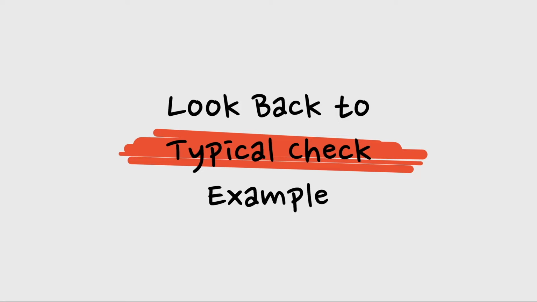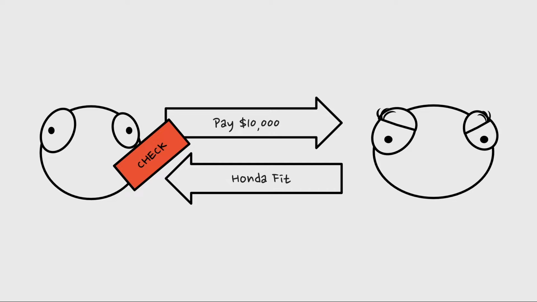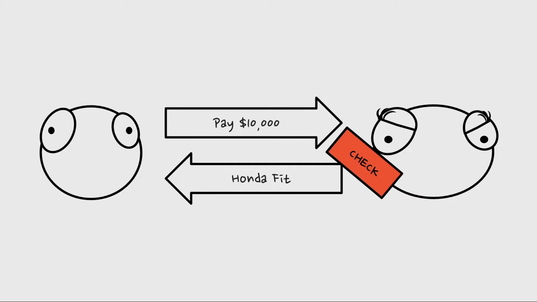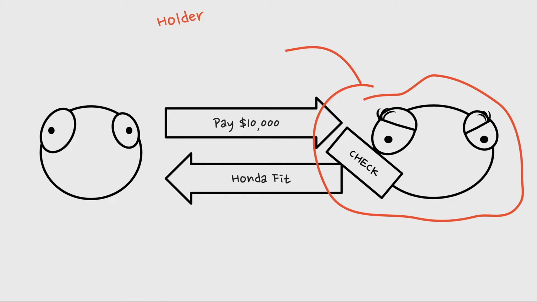So if we look back at our typical check example, and we again remember that Bob's giving this check is in fulfillment of his promise to pay Barb $10,000, then initially we want to note here that even with the issuance, Barb is a holder of that check, right? Why? Because in this case, one, obviously she has physical possession of it. He gave her the check.